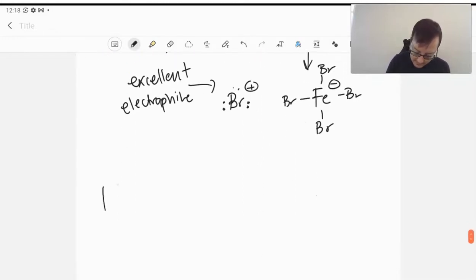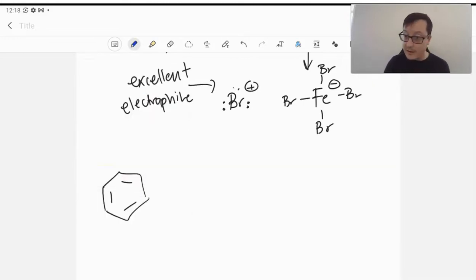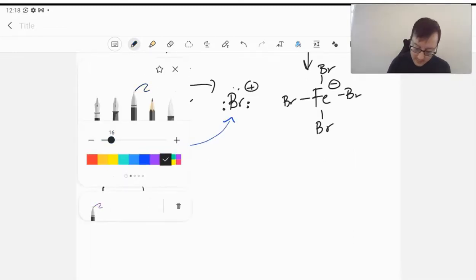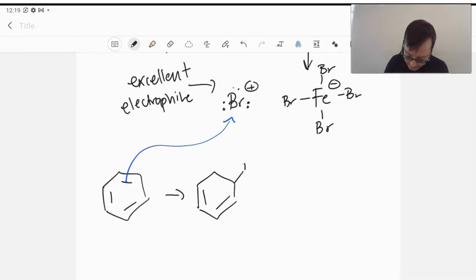When we take benzene and have an electrophile nearby, a strong electrophile, the benzene will go ahead and grab it. And in doing so, our benzene is the nucleophile. Remember that pi bonds are a source of electron density. So we're going to go ahead and attack our bromine ion. And in doing so, don't forget we still have that H there, right?